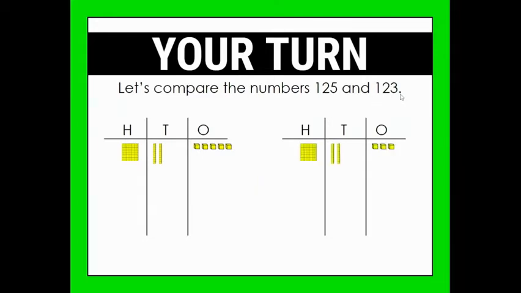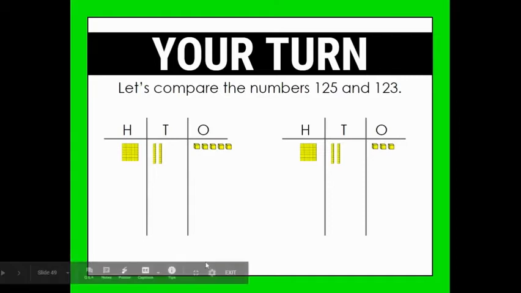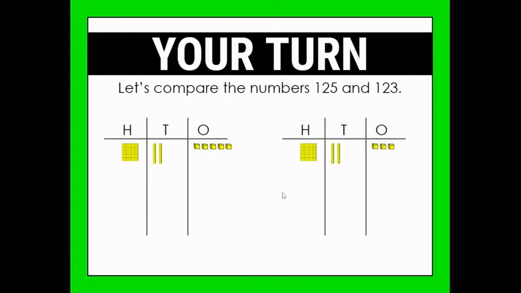Now let's build our 123. So again, we're going to have a square for the 100, 2 lines for the 2 tens, and 3 circles for the 3 ones.